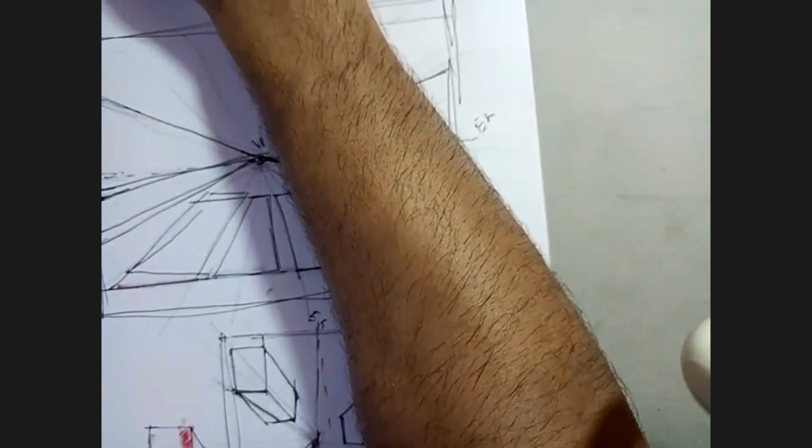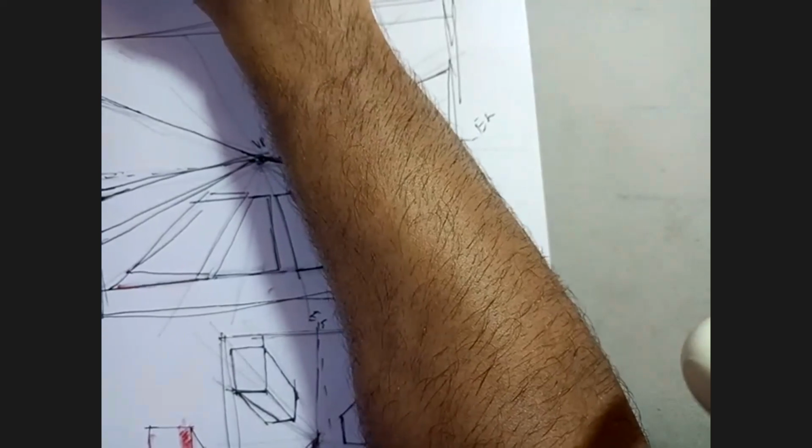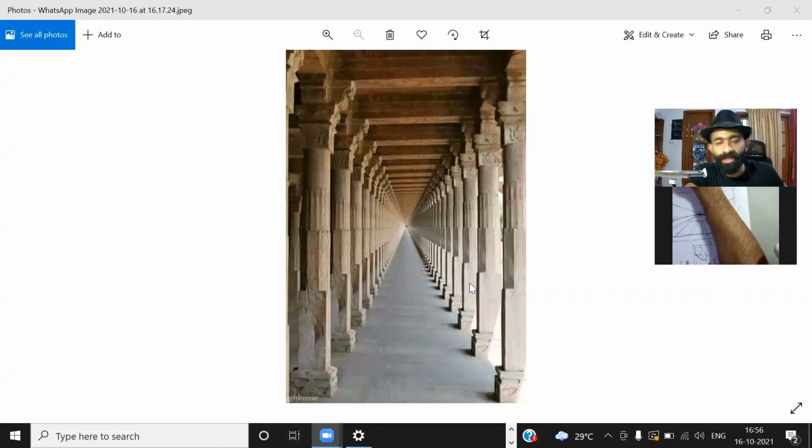Let's again go back to our photo that we had looked at and observe this in action. See, notice in these pillars, all the elements that are parallel, this pillar here, they are meeting at a common vanishing point.